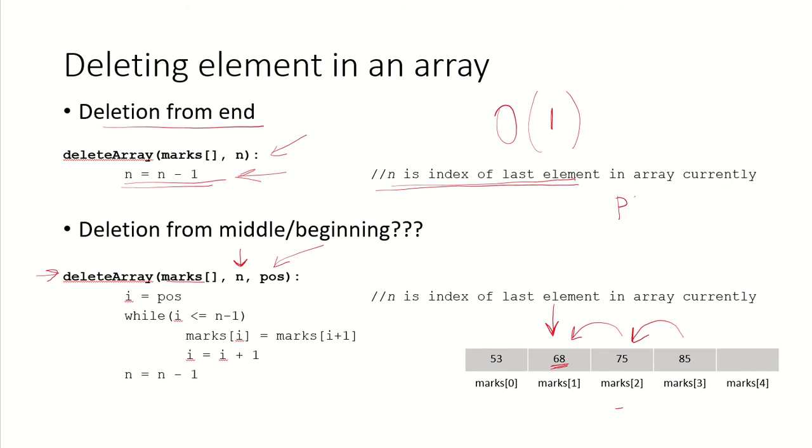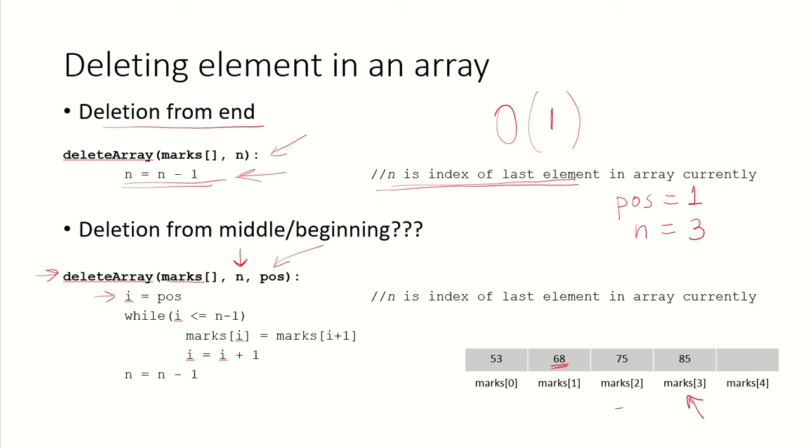So in this example, like we have said, position is 1 because we want to delete the element at index 1. Currently our n is 3, which is the index of the last element in the array currently.